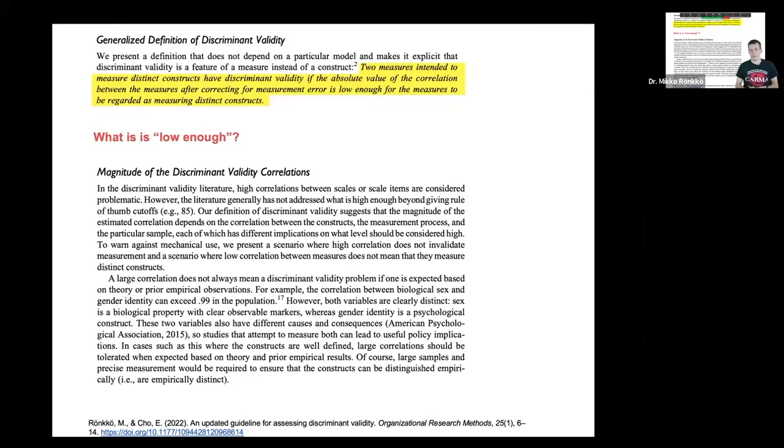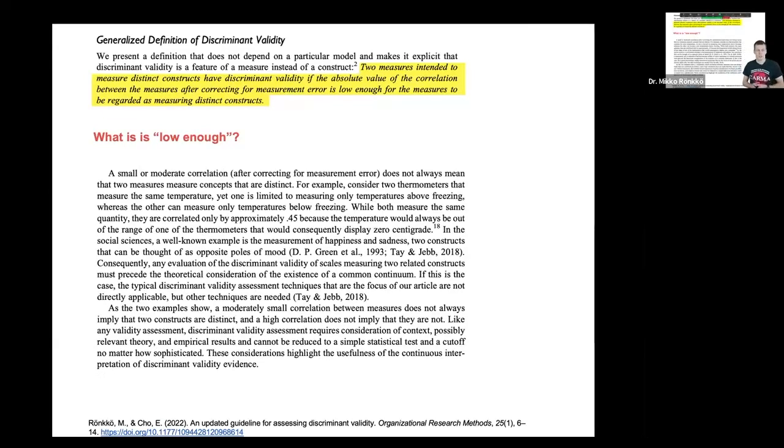Then there's another side, and this is something a reviewer raised during the process, that sometimes items can be correlated to a low degree and still measure the same thing. And we came up with this example: if you have two thermometers, both measure temperature, but one is constrained to show negative numbers.